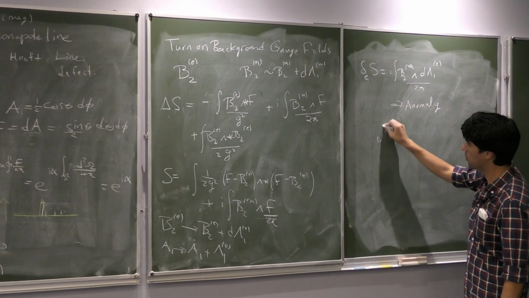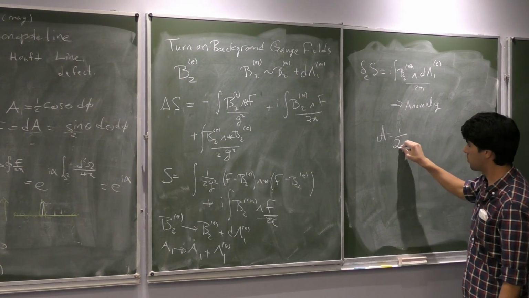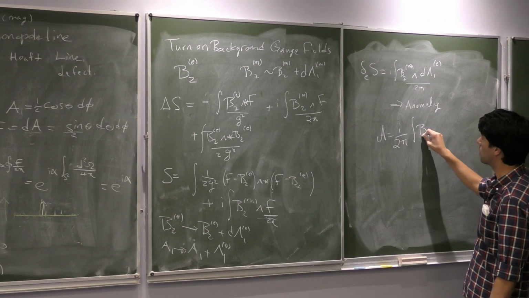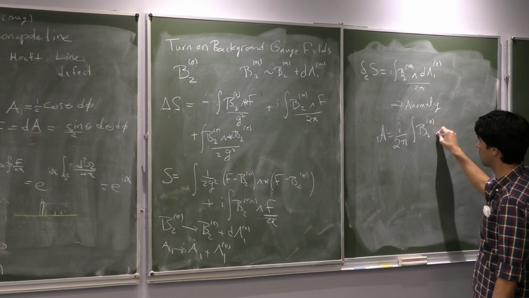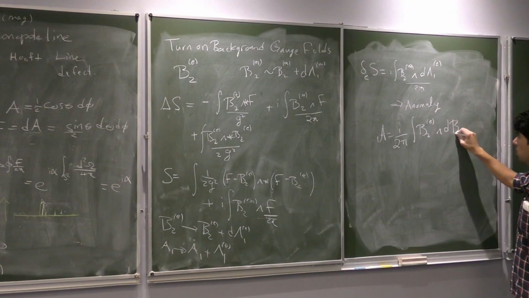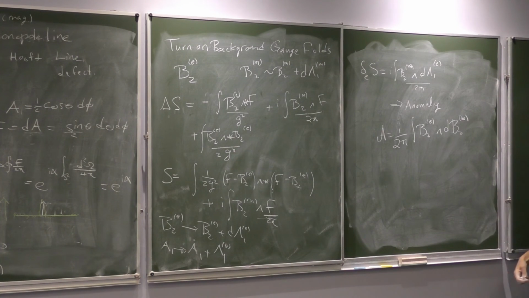And the anomaly you can actually write as i over 2 pi B electric wedge d B magnetic. And I'm going to tell you for the next hour what this means.